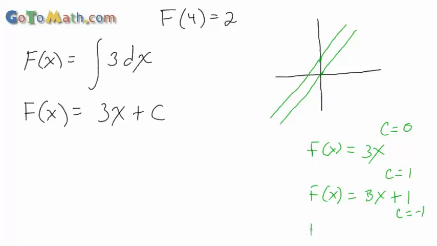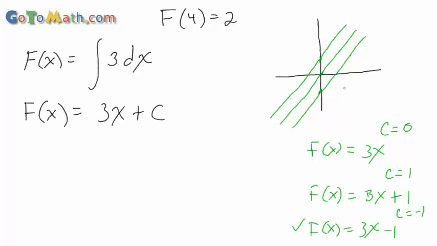So you'd end up having capital F of x equal to 3x minus 1, right? So we'd have another line that runs through here. Alright, so this would be the one that corresponds to this guy right here. These are for different c values.